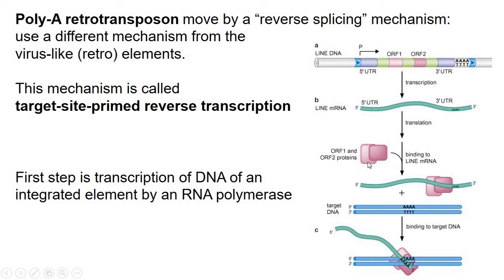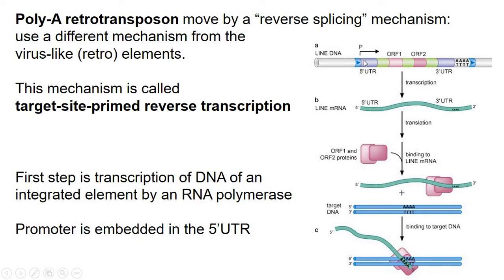It will make these two proteins, one coded by ORF1 and one coded by ORF2. Remember, ORF1 codes for an RNA binding protein, and ORF2 codes for proteins that are endonuclease and reverse transcriptase. Both of these proteins will bind to the mRNA. So ORF1 will help bind both of these proteins to the mRNA, and this mRNA will come back to the nucleus now.